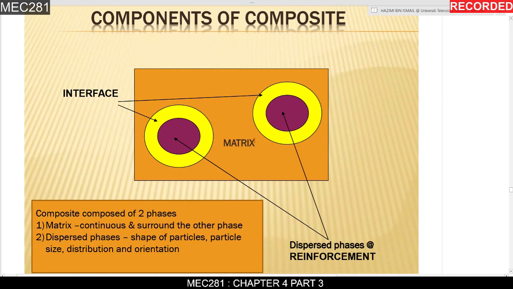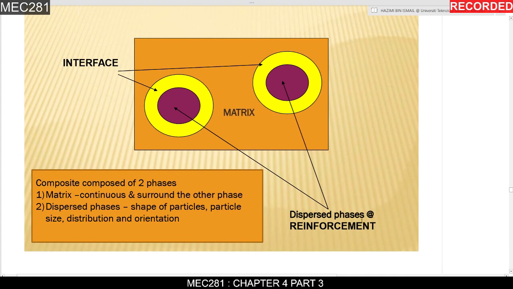Okay, so this is what we call the interface, and this is the matrix. Matrix is like a big column, okay, a big domain of the composite materials. So dalam ni dispersed phases, reinforcement. Okay, dalam bentuk macam ni awak baca, composite composed of two phases.